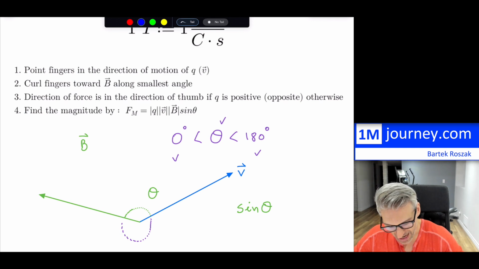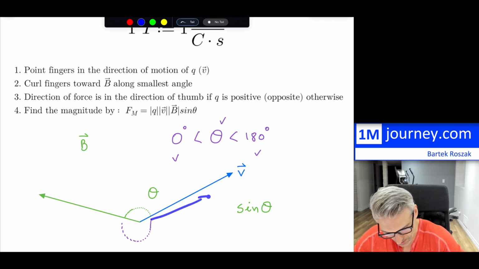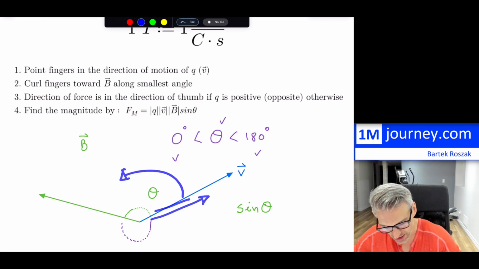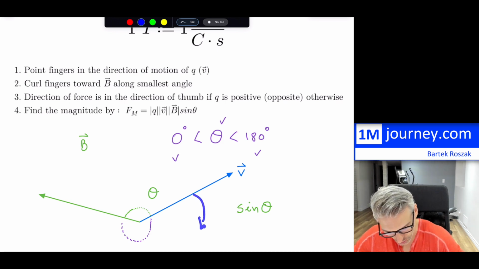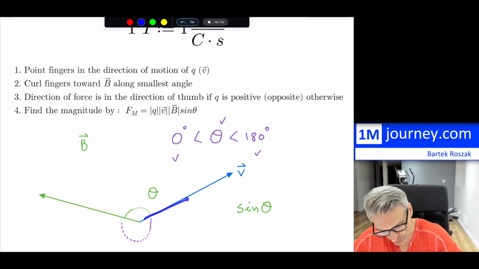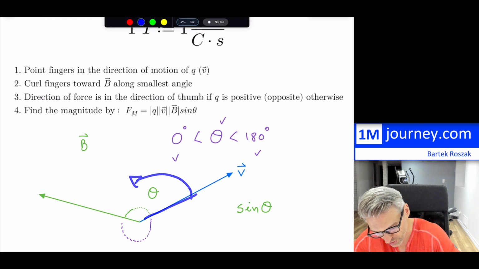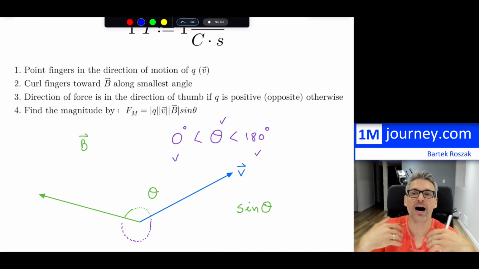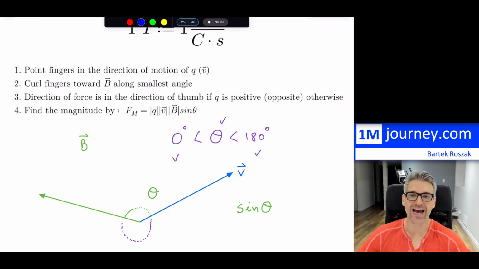As they are pointing in this direction, you then curl them in this direction. If your right hand is pointed so that it only allows you to curl in the wrong way, you have to twist your arm around so that you can curl your fingers towards this. This is how I take a look at the actual magnetic fields.